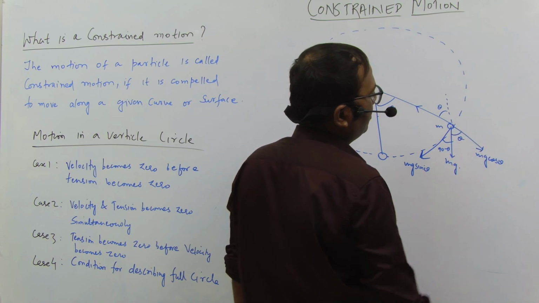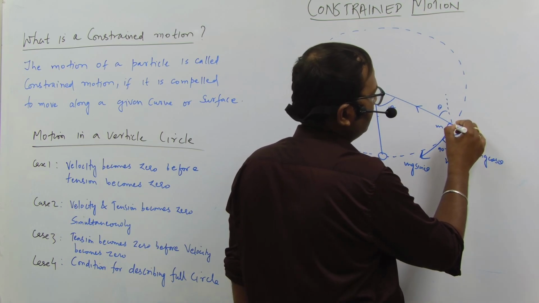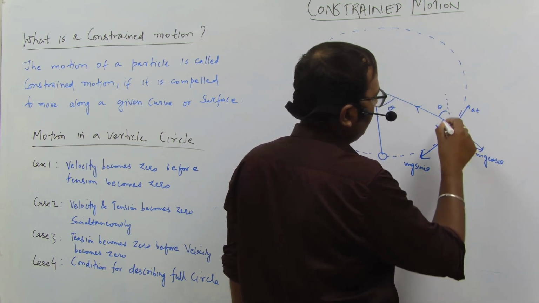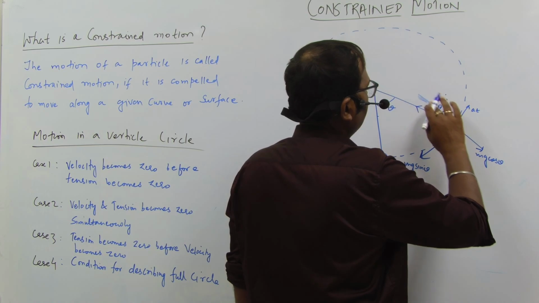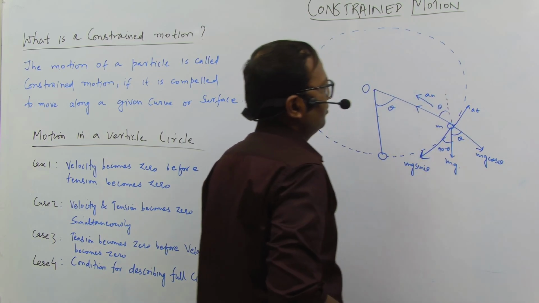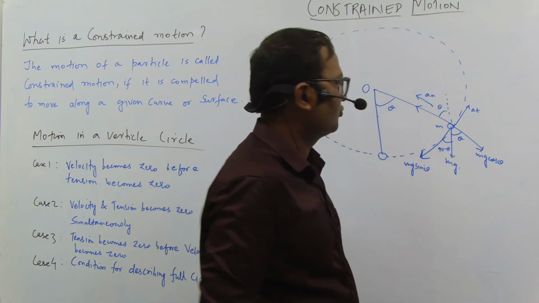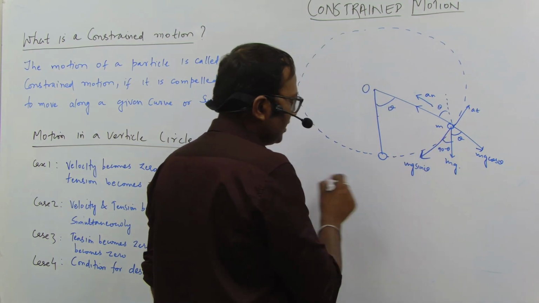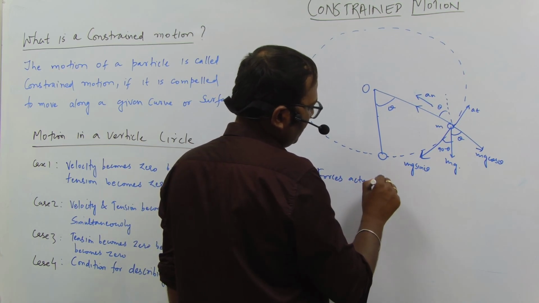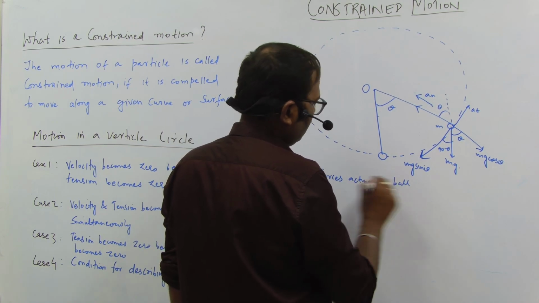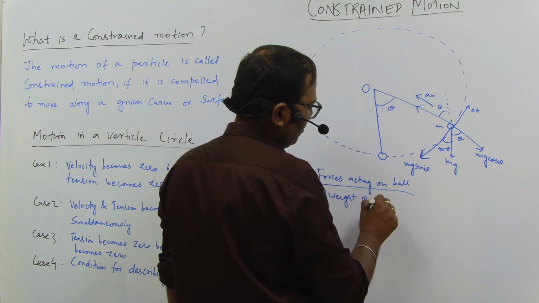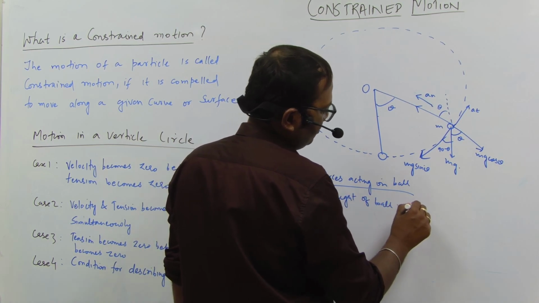Here we have a normal acceleration as well as a tangential acceleration. The tangential acceleration will lie in this direction and the normal acceleration will be along the perpendicular direction. Let us write the equation of motion. The forces acting on the ball: first, the weight of the ball, that is mg.